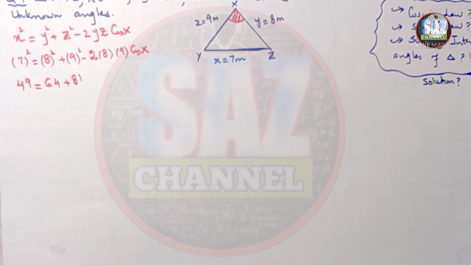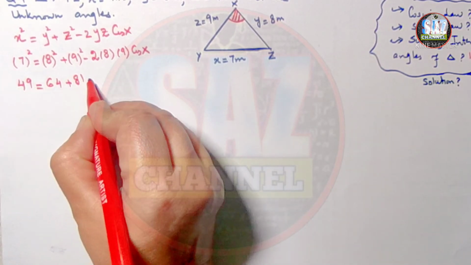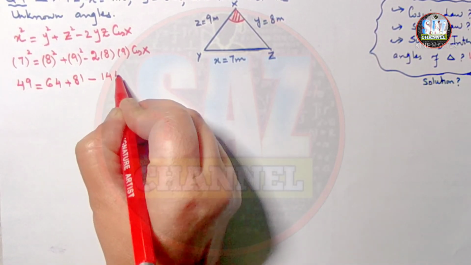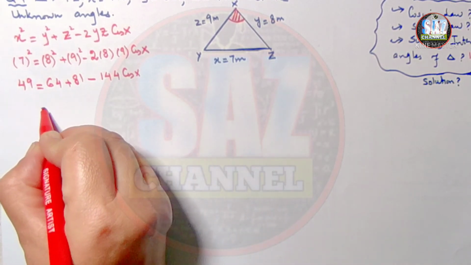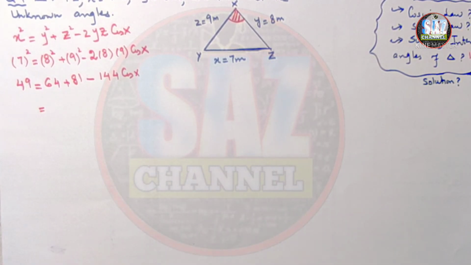Let me reconfirm this: 2 multiplied by 8 multiplied by 9 is 144, and cos x.